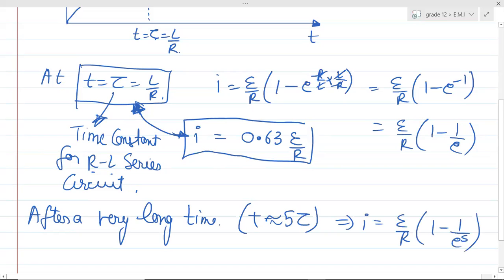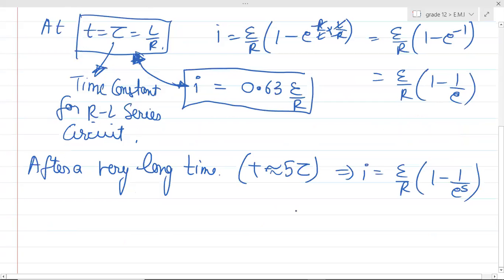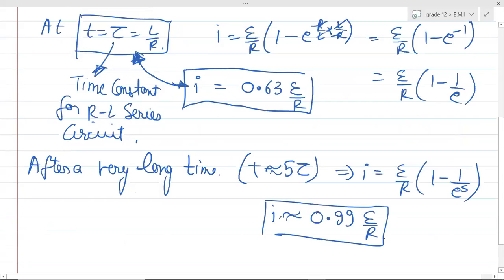This will be something like this, and when you solve it, it will come approximately 0.99 times of E by R. So almost maximum, right? So this time is basically called what? Transient time. So basically this is the time after which the steady state will be achieved.